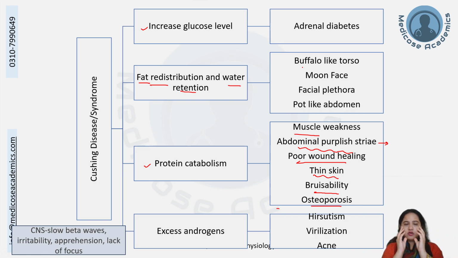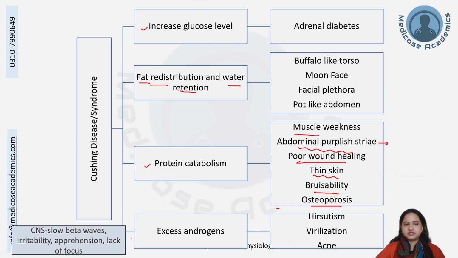In the face, caused both because of fluid retention and fatty deposition, a moon-like face will form. Facial plethora, characteristic symptomatic features of Cushing disease. Pot-like abdomen, again pendulous abdomen because of the fat redistribution.